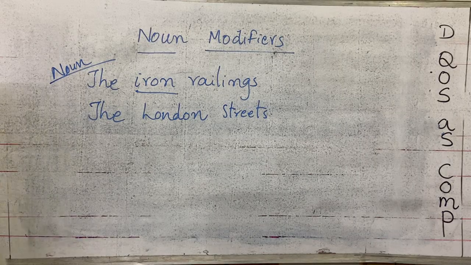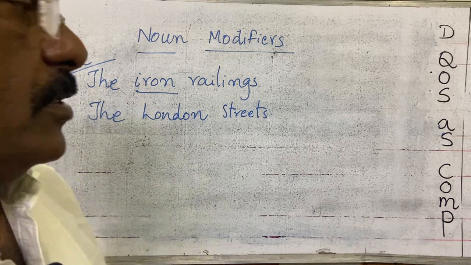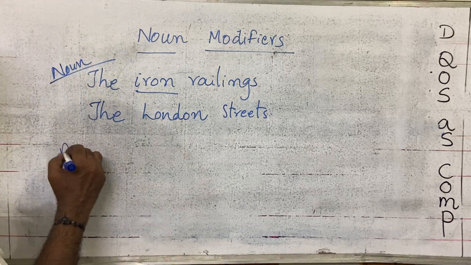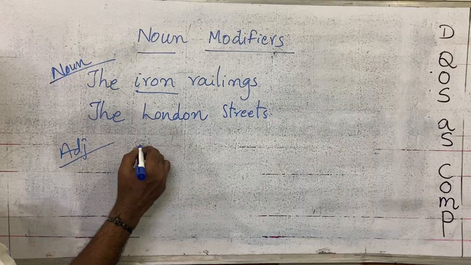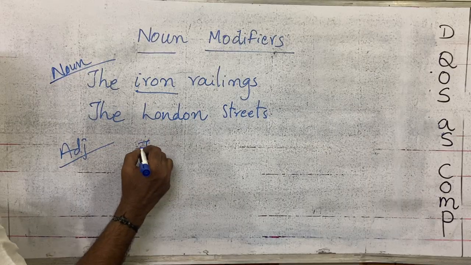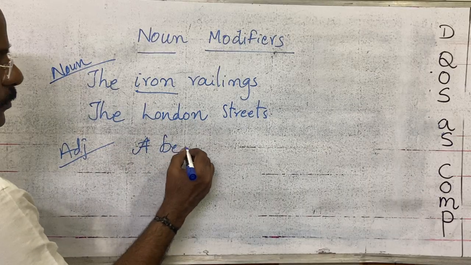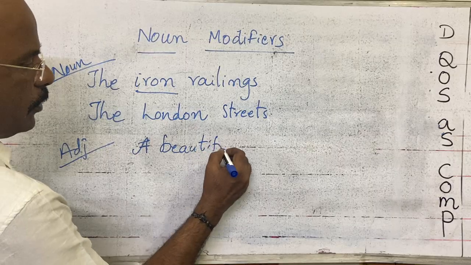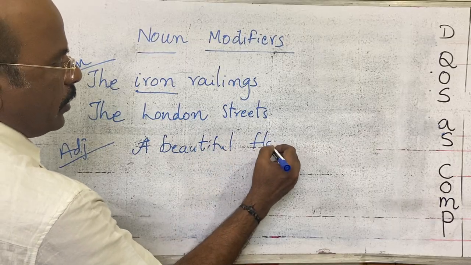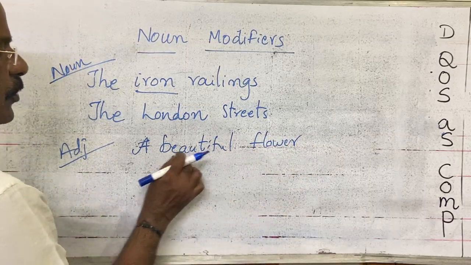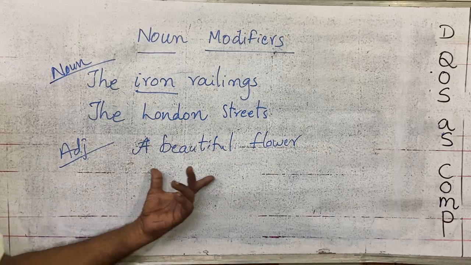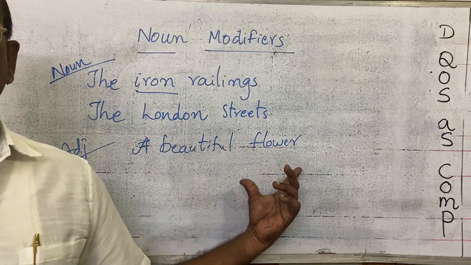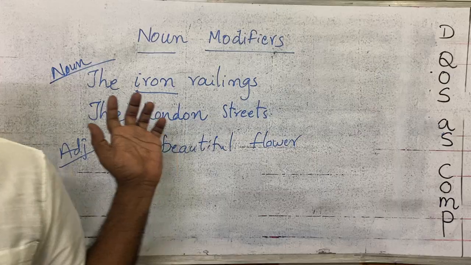So, now we will verify some adjective phrases. For example, a beautiful flower. Flower is now beautiful, adjective. So this is also modifying. The flower is looking beautiful.